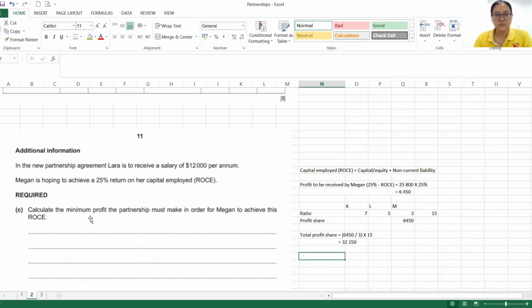The question is asking for the profit for the year, the minimum profit for the partnership. So to get the minimum profit for the partnership, we have to take the 32,250 plus the salary to get the profit for the year, in order to achieve the profit share for Megan of 6,450.